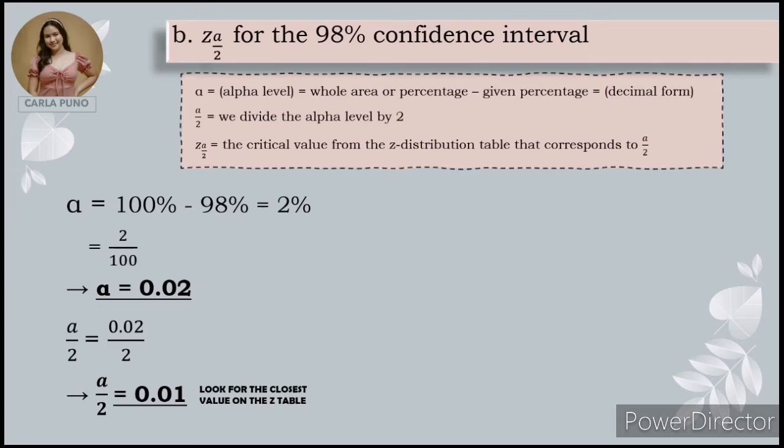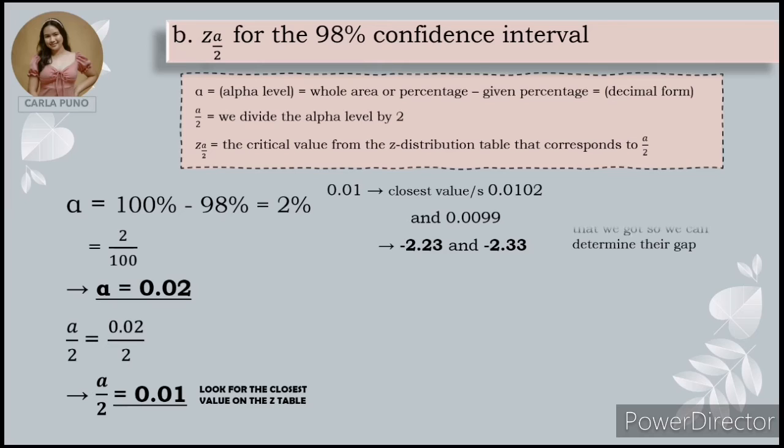We go back to our problem. Based on our table, the value 0.01 has two closest values, 0.0102 and 0.0099, and their corresponding values are negative 2.32 and negative 2.33.